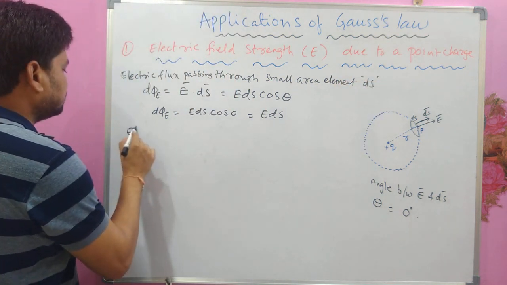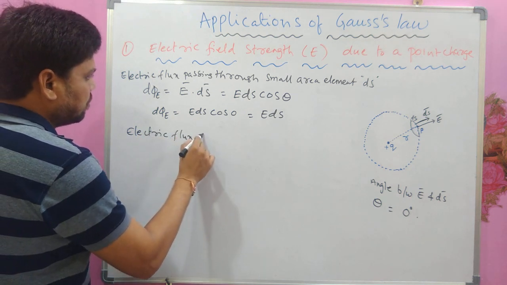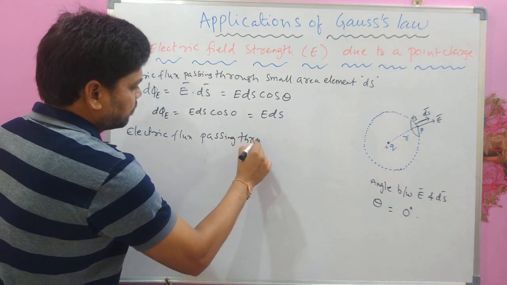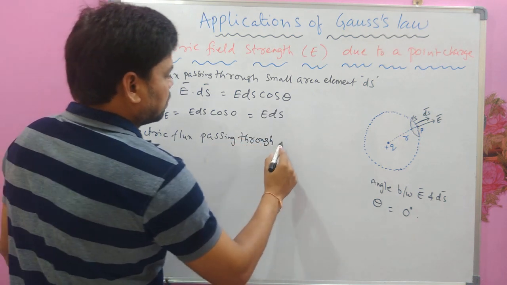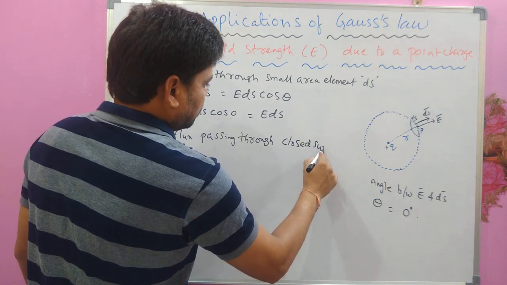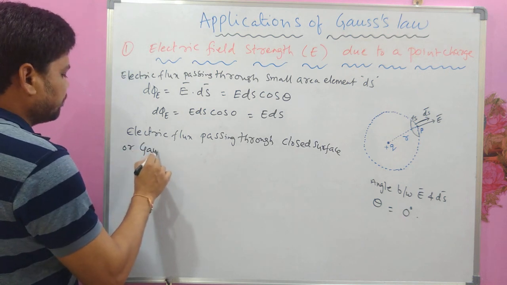Now the electric flux passing through the closed surface or Gaussian surface.